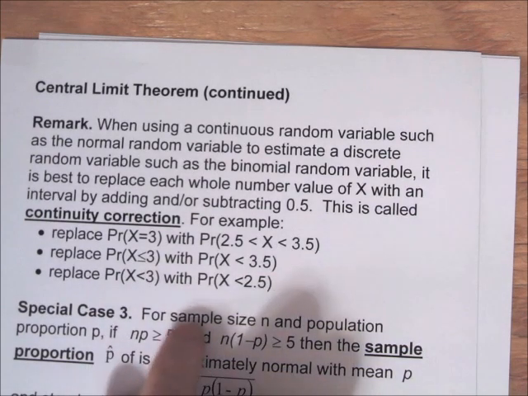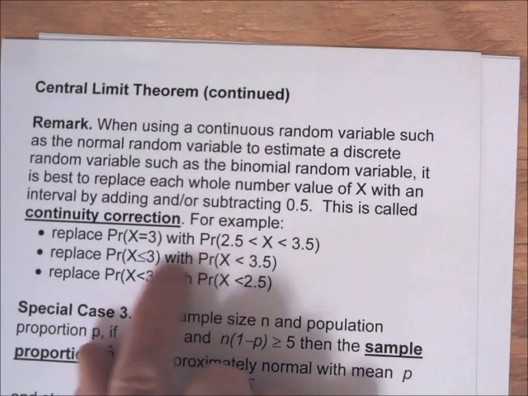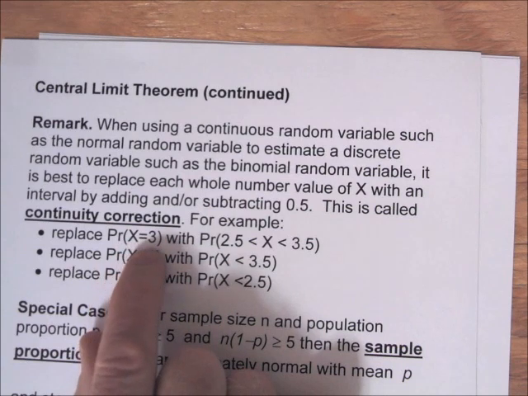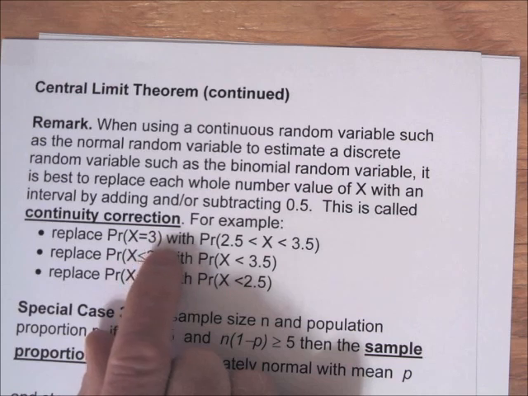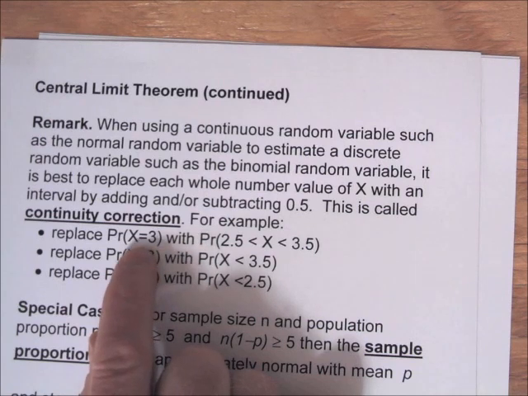But especially if you have a small interval, like the probability x equals 3, if you try to use the normal probability for x equals 3, you're going to get a probability of 0. It's not going to give you an accurate probability.